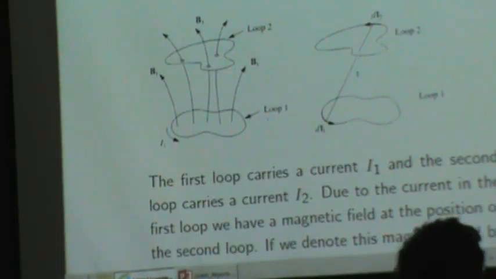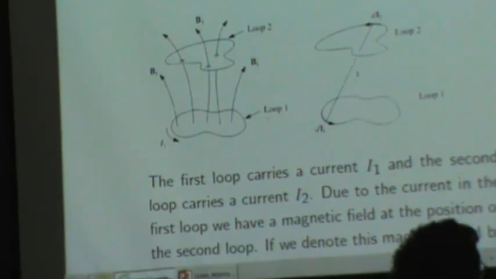That's going to be the integral of B1 dotted dA, where dA total equals dA2. All right? Now, integration of a vector over the area like that, we can change it.